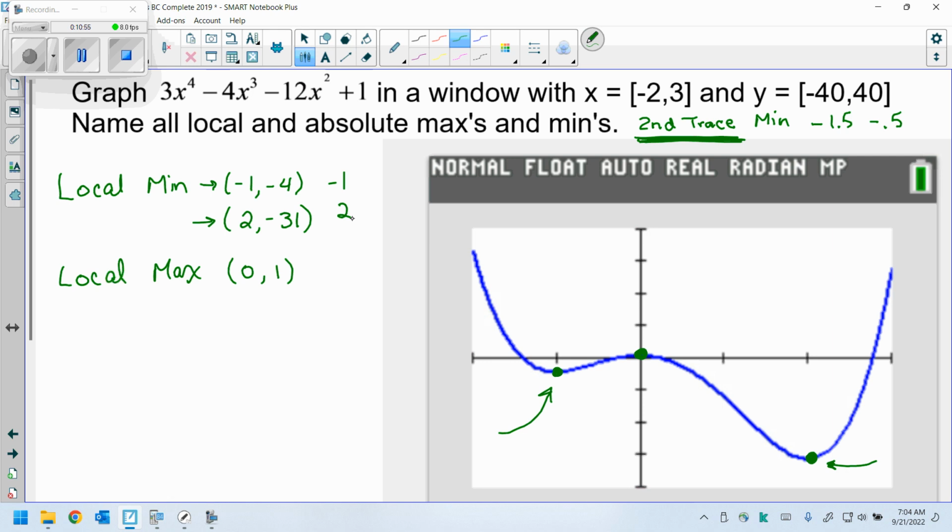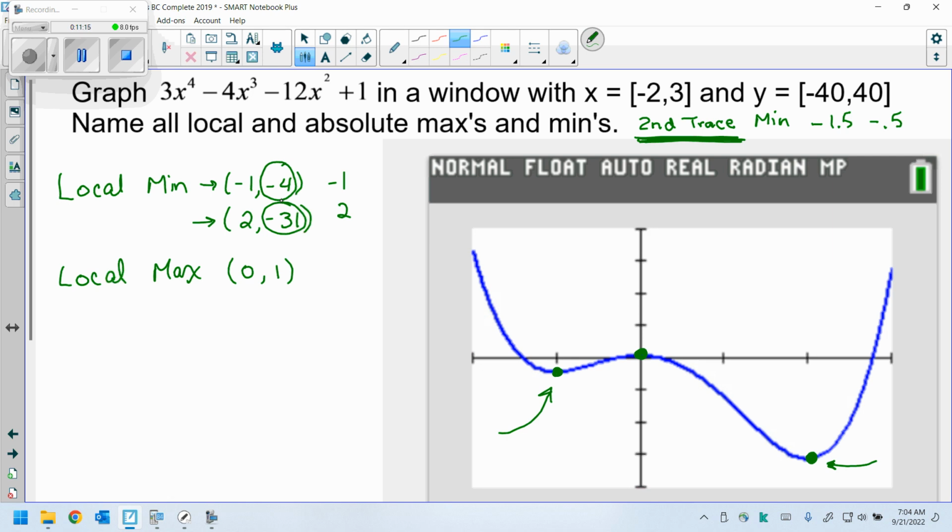They might ask you for local minimum values. They ask you for values, they only want the y's. So the way the question is asked is going to determine how you answer. Now, I specified verbally that I want points.